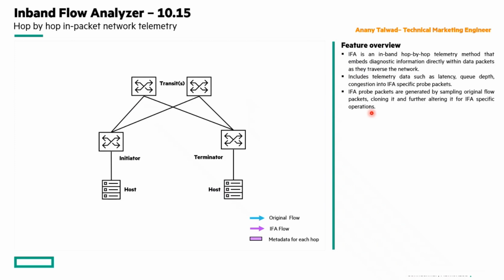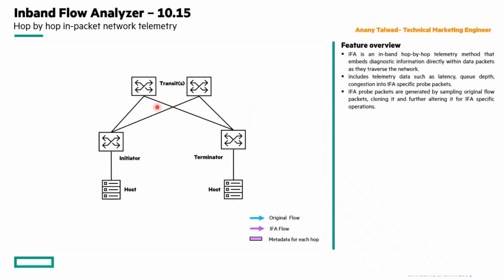Let's see a bit of how this feature is working in real time. There exist three types of nodes in context to IFA. Number one, an initiator, where the flow is observed first, is sampled and altered to create an IFA probe packet. At the same time, the initiator is the point where metadata of the first node is added.